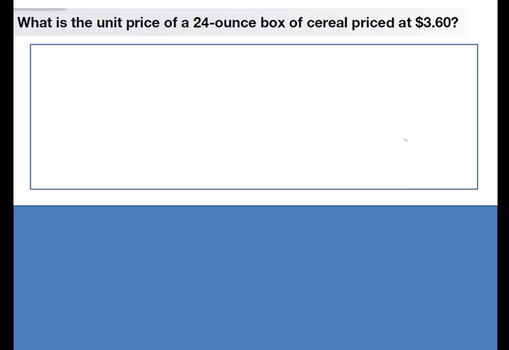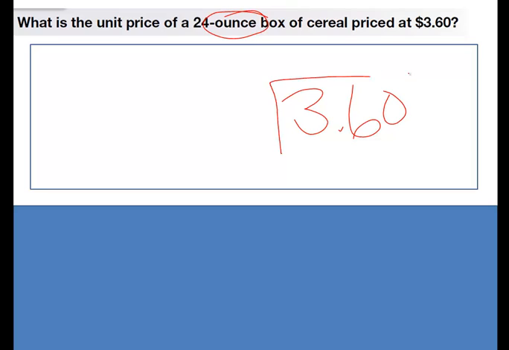What's the unit price of a 24-ounce box of cereal? So what's your unit? First of all, you have to figure the units are ounces. So if you have 24 ounces in a box, how much is each ounce? See if you can figure it out. Pause the video. Do it. $3.60 divided by my other measure, which is ounces.